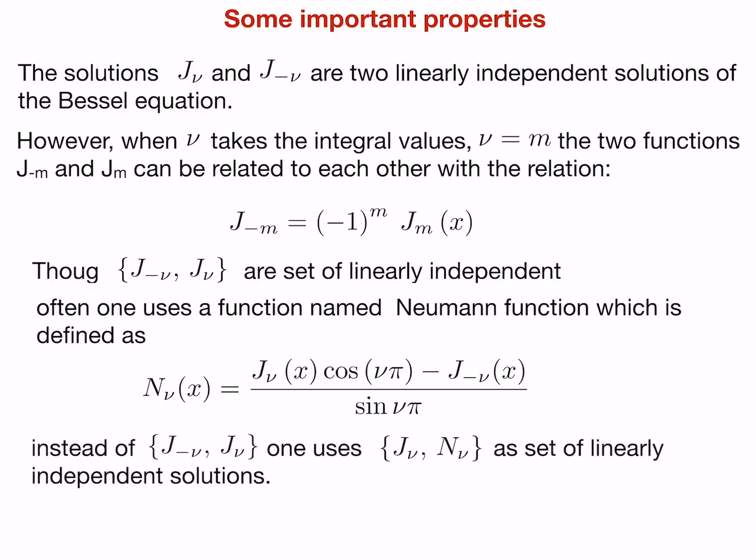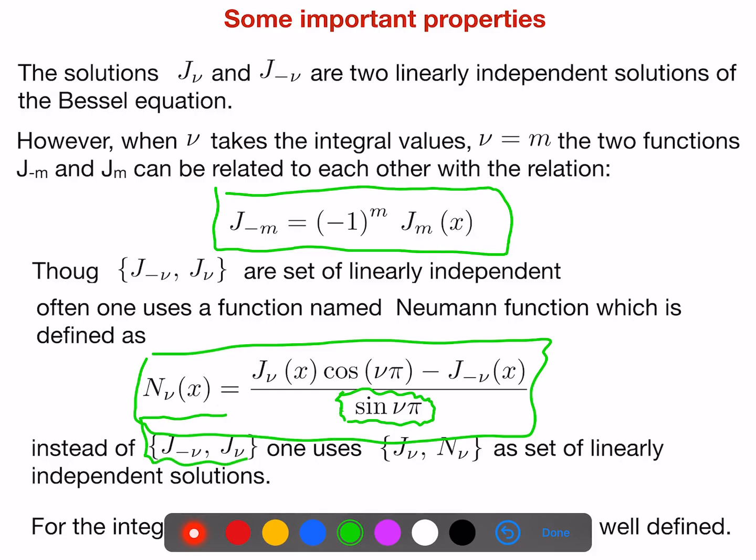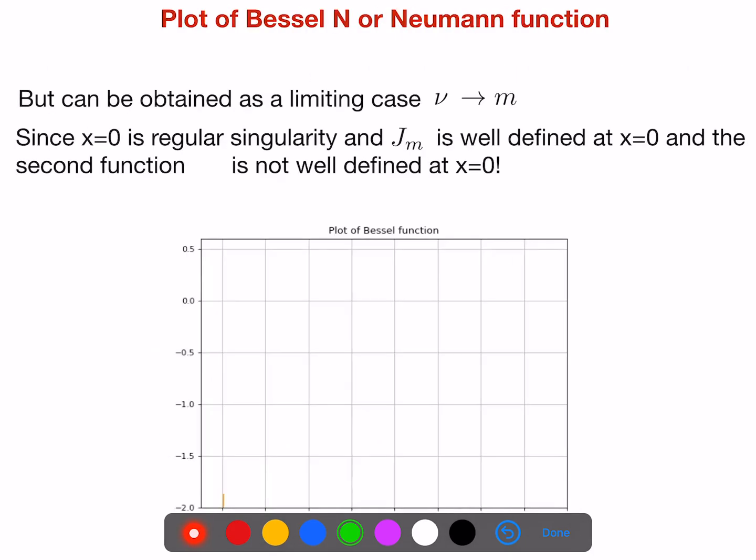However, an interesting thing to note is that these Neumann functions can be defined as a limiting case of nu going to be integral. With this, instead of using J minus nu and J plus nu, one can use J nu and the Neumann function as a set of linearly independent solutions, as a linear combination to get any general solution to the differential equation.